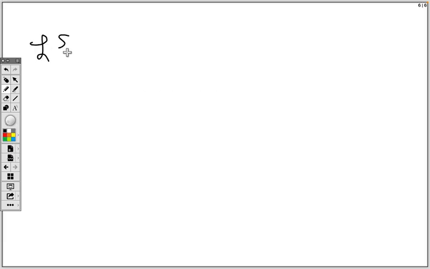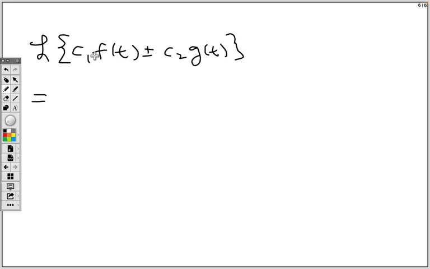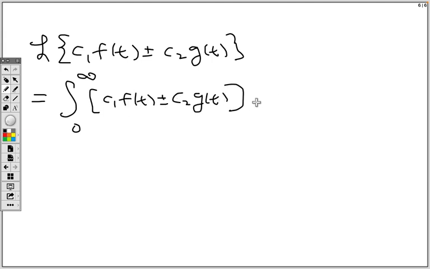So how would that work? Most of these proofs go this way. You start off with the left-hand side, and then you just hit it with the definition. By definition, the Laplace transform of anything is the integral from 0 to infinity of this thing times e to the minus st dt.